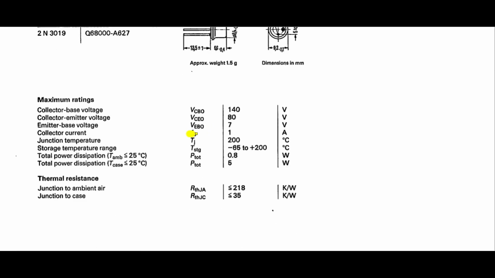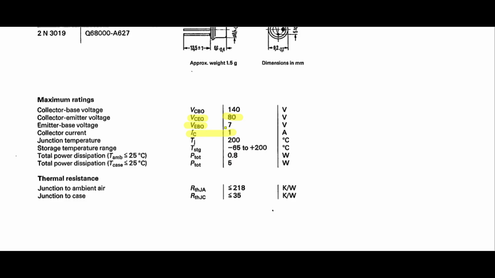And it is very popular because it has a collector current of around 1 amp, where several applications fall in that category. And as a switch, collector emitter with base open, it can withstand up to around 80 volts. Look at this, the emitter base with collector open.